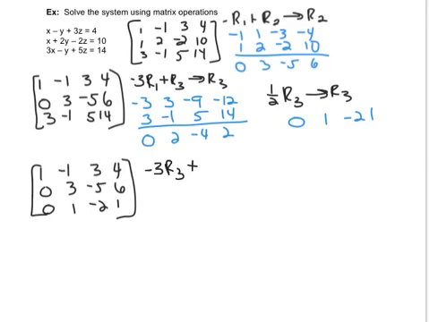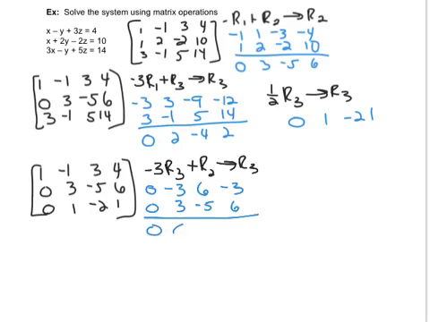To that, I'm going to add the second row, and I'm going to put my answer back in row 3. So the second row doesn't change. If I take the third row, it's 0, -3, 6, and -3. To that, I'm adding 0, 3, -5, 6. When I add them together, I get 0, 0, 1, 3.